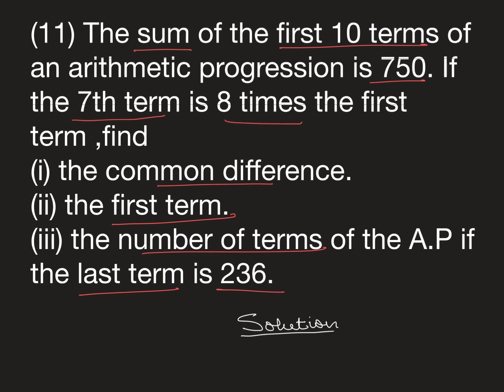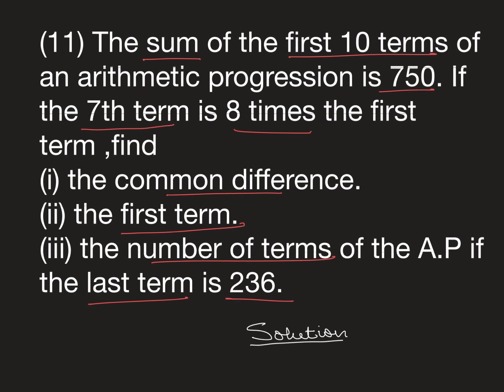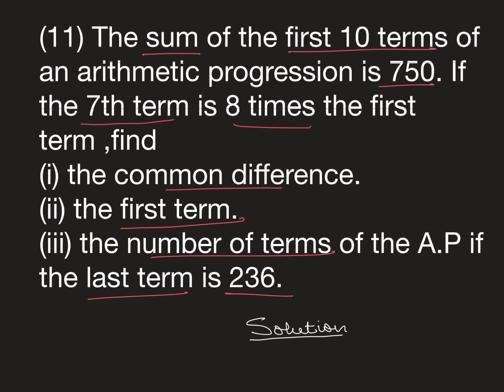Let's try to get the information that is given to us. It says the sum of the first 10 terms of an arithmetic progression is 750. So the sum of the first 10 terms is equal to 750.